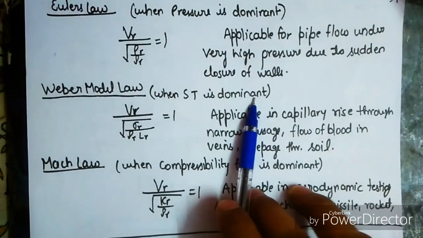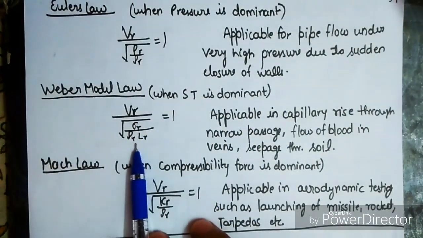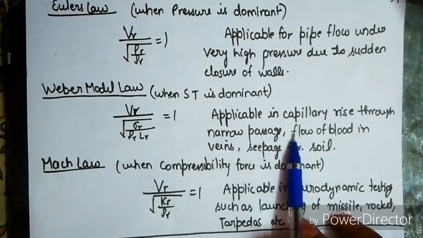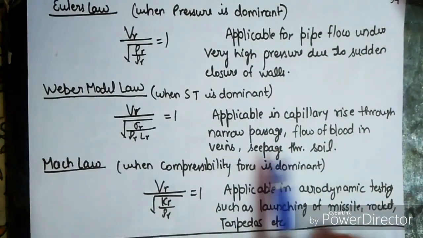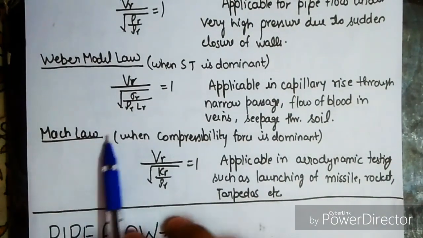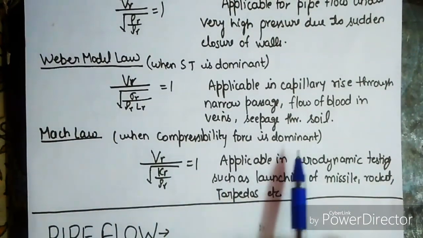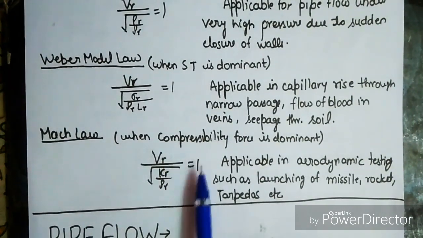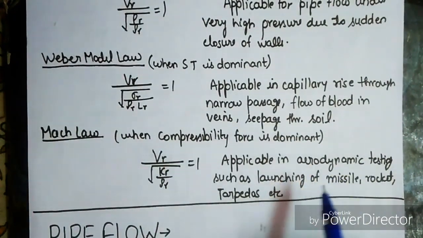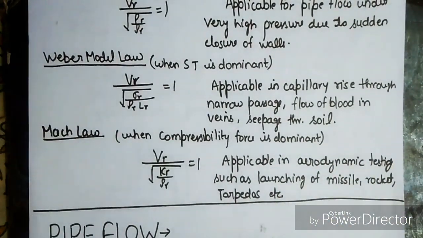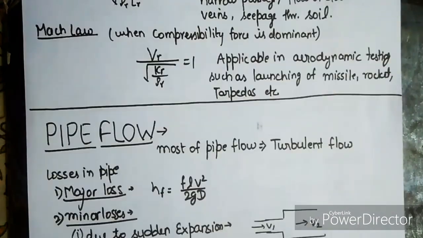When surface tension is dominant, Vr upon square root of sigma r upon rho r Lr equals 1, applicable in capillary rise through narrow passages, like flow of blood in veins, seepage through soils, etc. Now Mach law, when compressibility force is dominant, Vr upon square root of Kr upon rho r equals 1. This is applicable in aerodynamic testing, such as launching of missiles, rockets, torpedoes, etc.